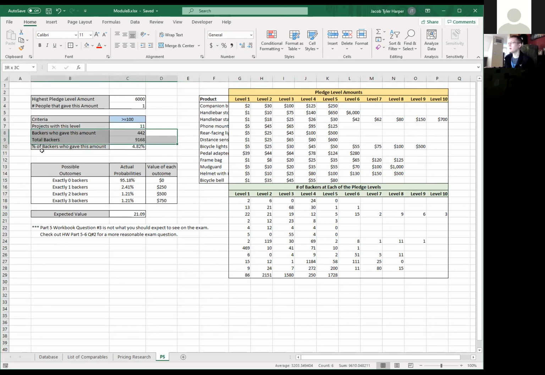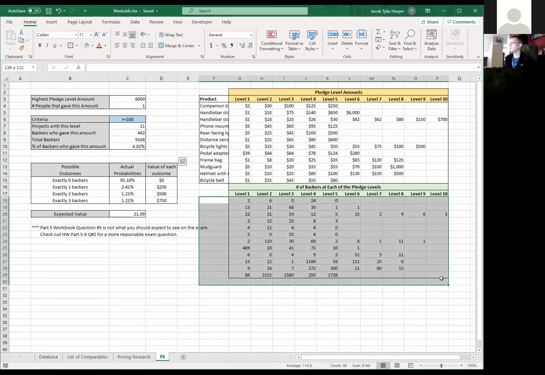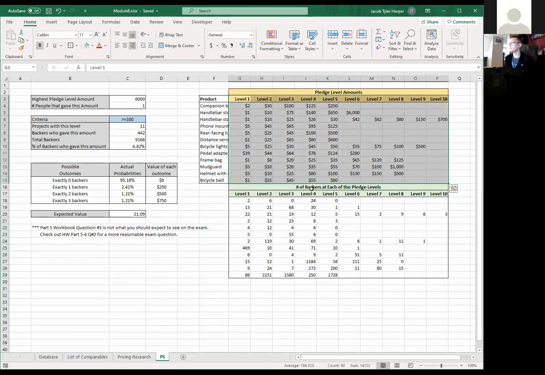So what I do want to talk about is this guy wanted to know the percent of backers who gave at least $100. And so we are essentially adding up these people down here, but only if they correspond to a pledge level of $100 or more.